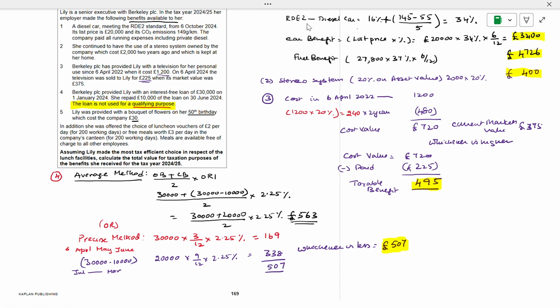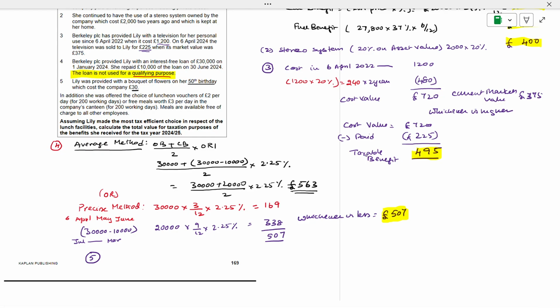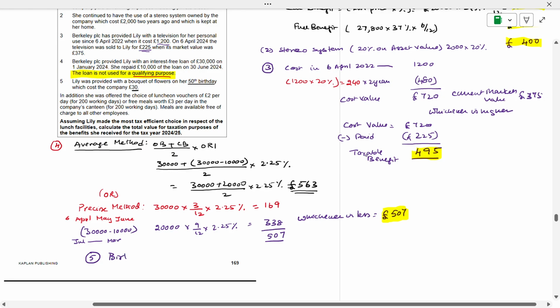Now point number 5. What is point number 5? They have given a birthday gift. How much is the maximum exemption? Birthday gift, how much is the gift?